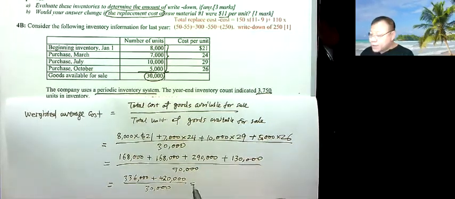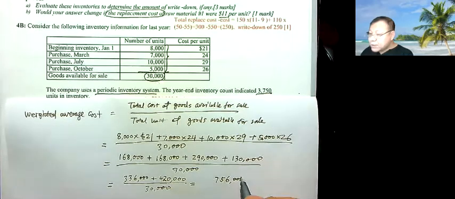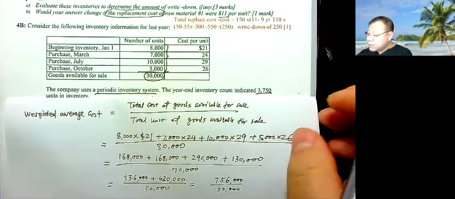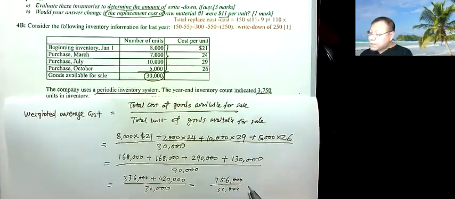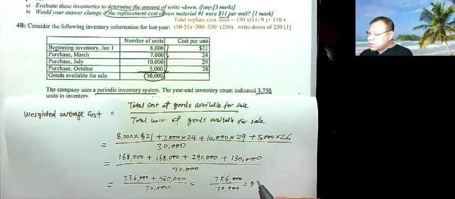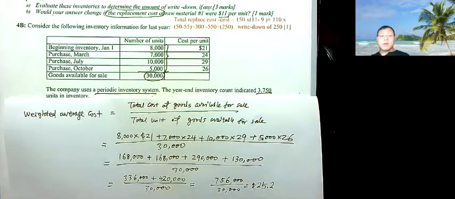If you add it further, 757. Right? So this is going to be $25.20 per unit. Okay.